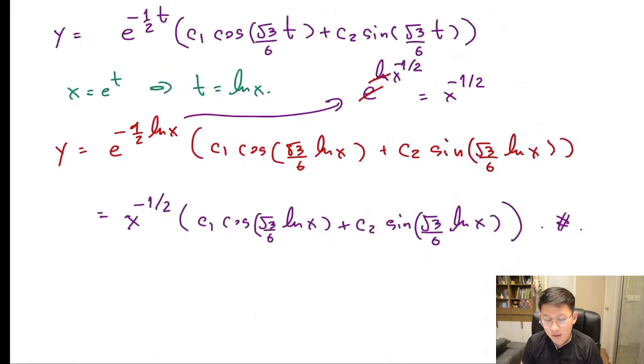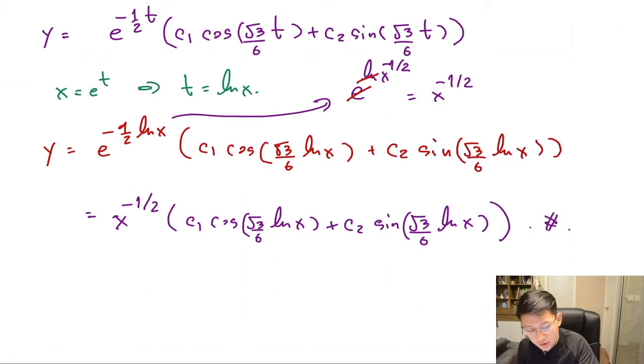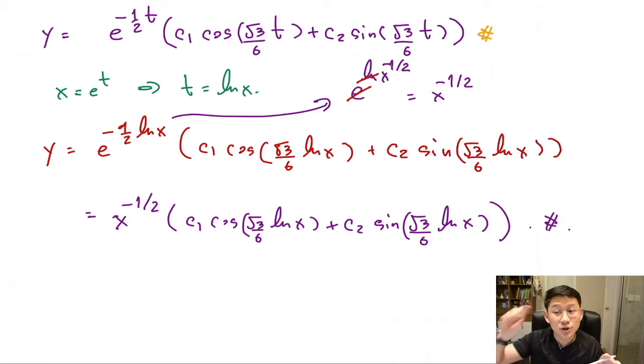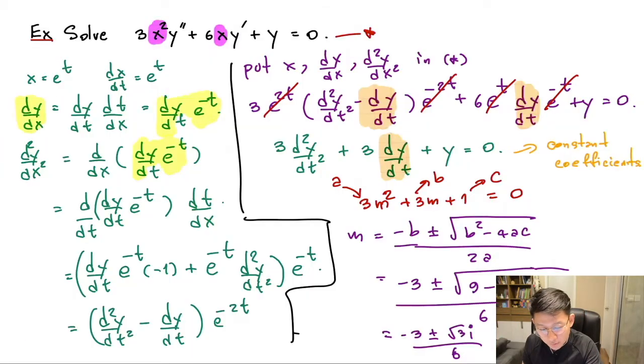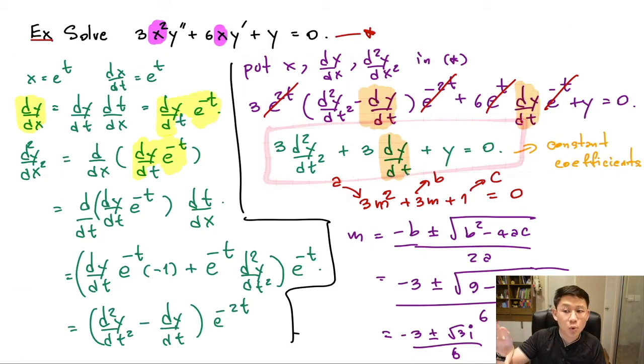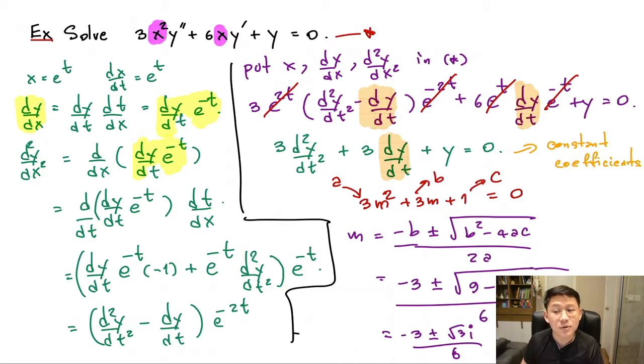After that, once you get this solution, don't stop there, because the solution there is in terms of t. Why? Because we solved the equation where the independent variable is t.